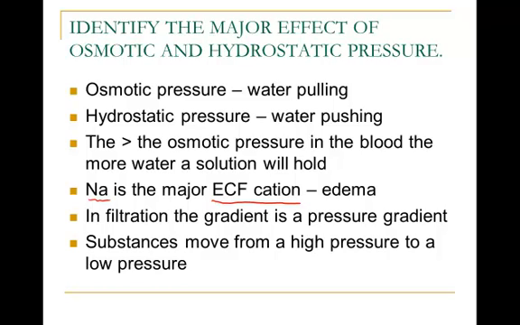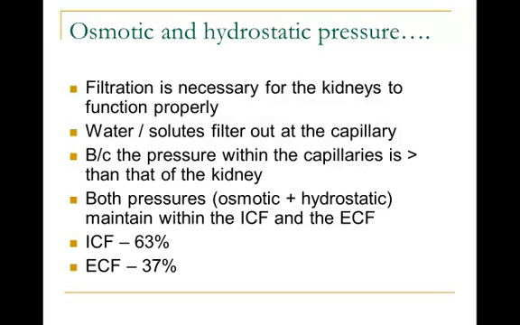In filtration, the gradient is a pressure gradient. It goes from a high pressure to a low pressure, and the substances move from high to low. So you can imagine you turn on the hose, the water comes out quickly, that's a higher pressure, versus if we just trickled the water out, we would have a much lower pressure there. Filtration is what the kidneys use to function properly.